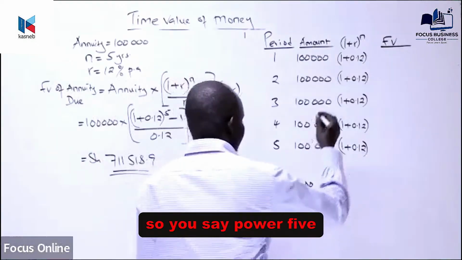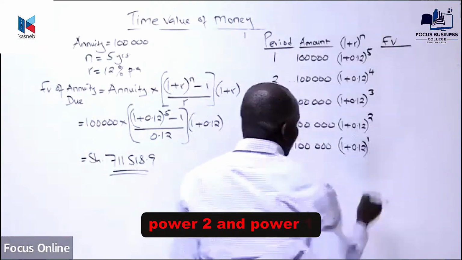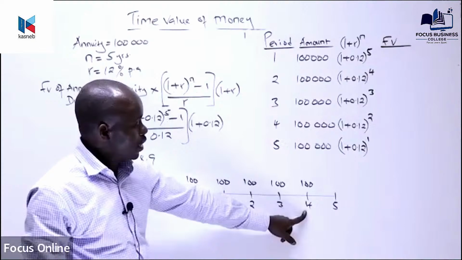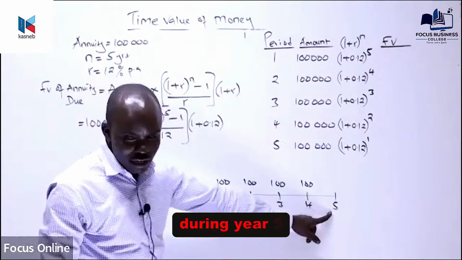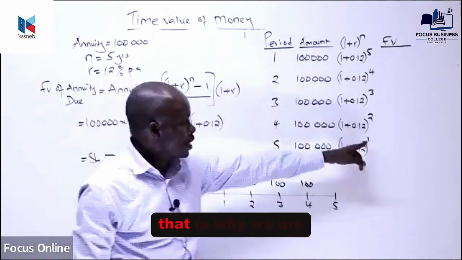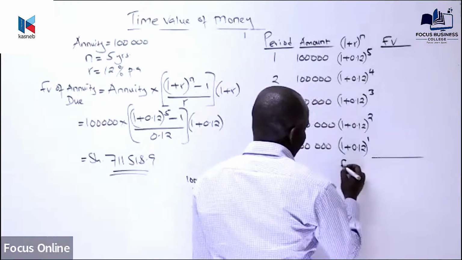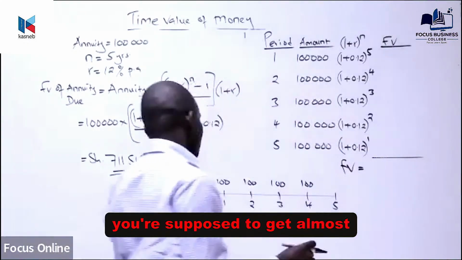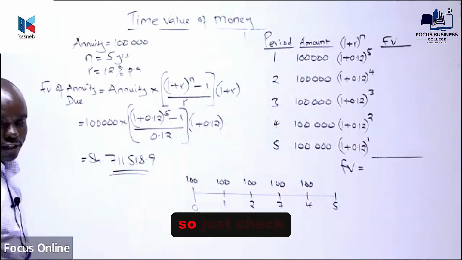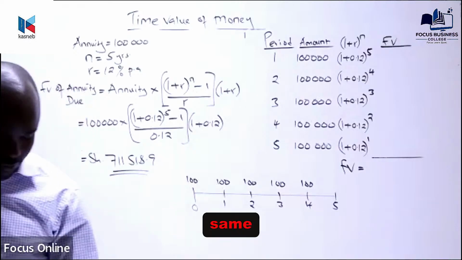So you say power 5. The other one is power 4, power 3, power 2, and power 1. The last one, invested at the beginning of year 5, will also earn interest during year 5. So at the end of year 5, it will have earned once. That is why we're saying power 1. If you do the future value here, you're supposed to get almost the same answer as what you're getting here. So just check whether you're getting the same.